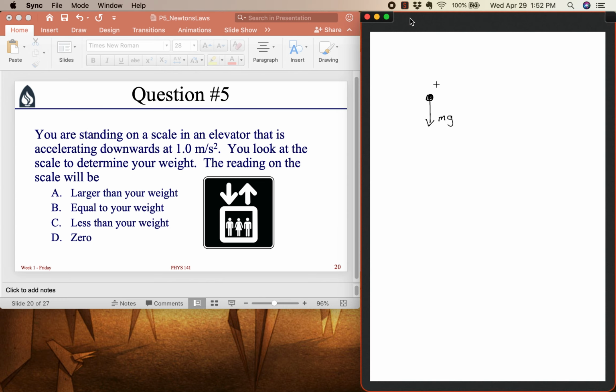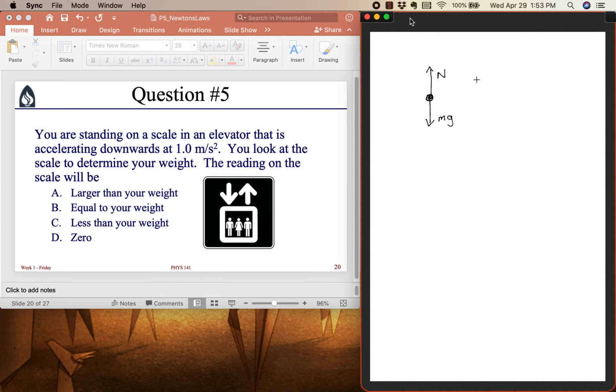So that's your weight. And then since you're standing on the scale, there will be an upward normal force. Those are the two forces that are acting on you. According to Newton's second law, we can sum those forces that are in the y direction and set them equal to your mass times your acceleration.